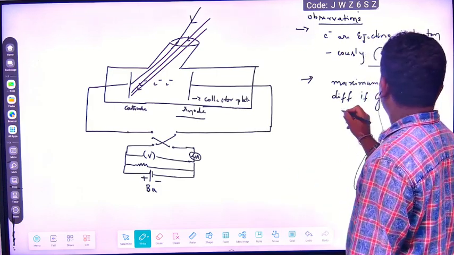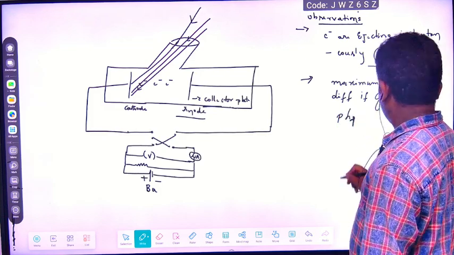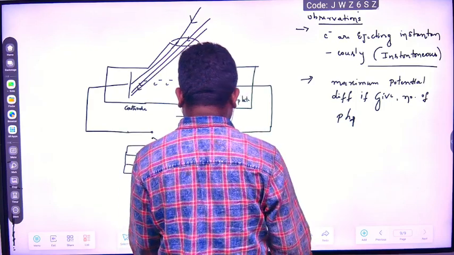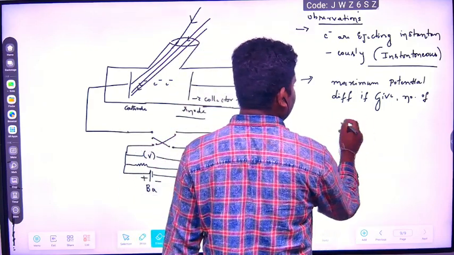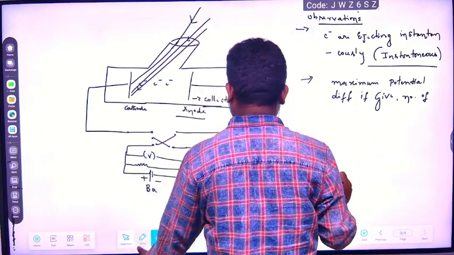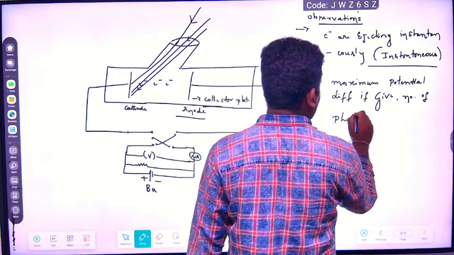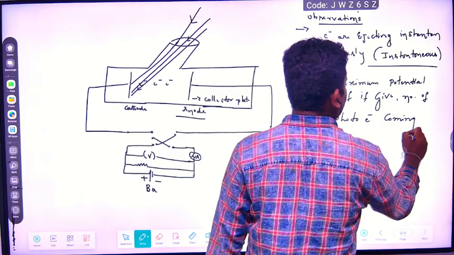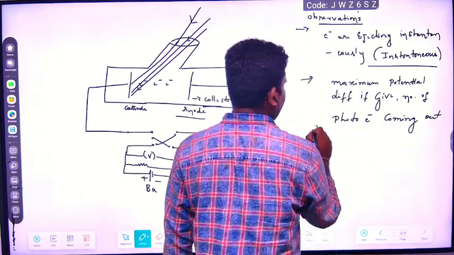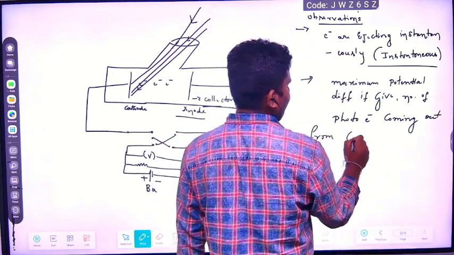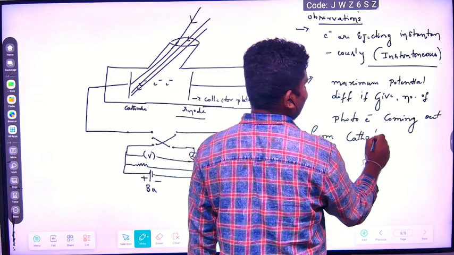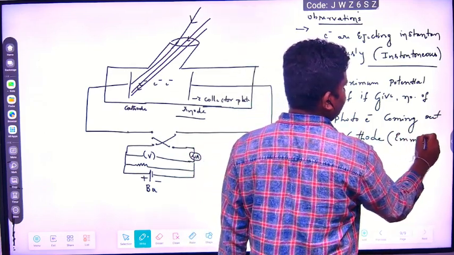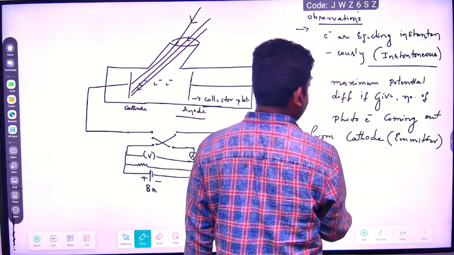What is the cathode plate? The emitter plate, the metal plate.